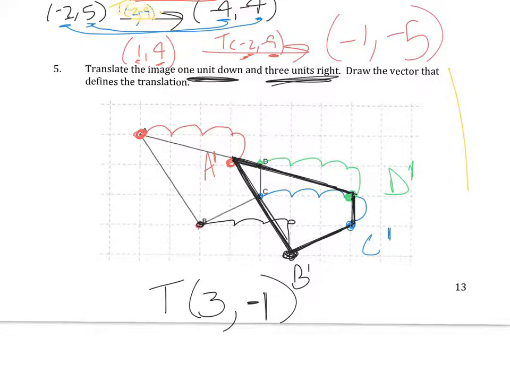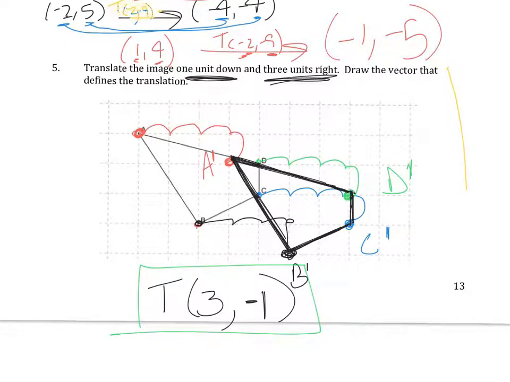If I looked at this first quadrilateral, if you will, A, B, C, D, and then I moved it down 1 and to the right 3, then I would be at my second quadrilateral. Lucky for us, it doesn't ask for the coordinates because we're actually on graph paper, but we're not on a coordinate plane. This translation is 3, -1, to the right 3 and down 1.